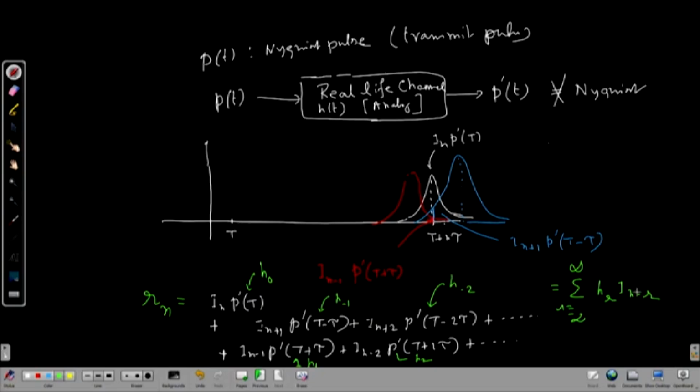On the other hand, if you take r equal to minus 1, you get H minus 1 In plus 1, and for r equal to minus 2, H minus 2 In plus 2, and like that. But this is nothing but a discrete convolution. So this is a model. After you sample the waveform, whatever value you get, this is the equation, a mathematical model of the received symbol in terms of the future and past symbols.